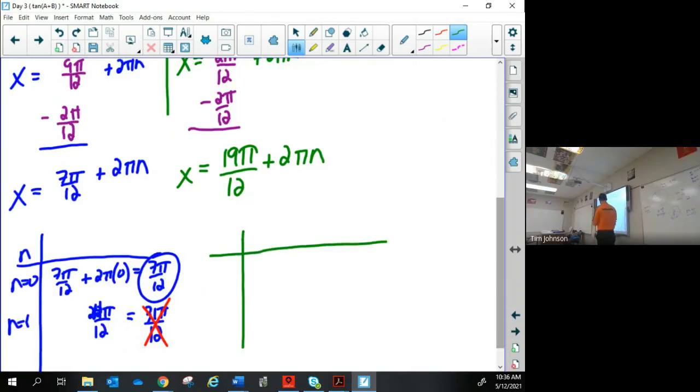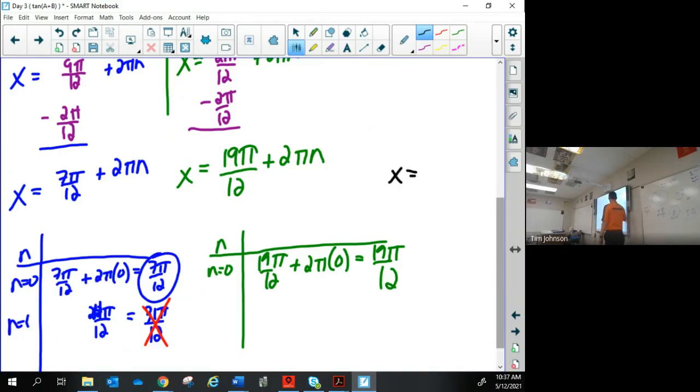Then the only one that's going to be between 0 and 2 pi is when n is 0. And the two answers for x are 7 pi 12ths and 19 pi 12ths.